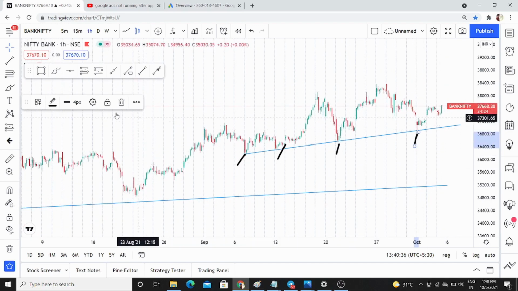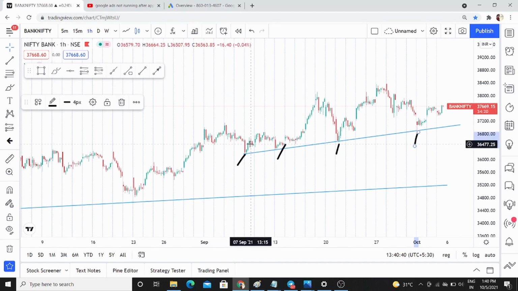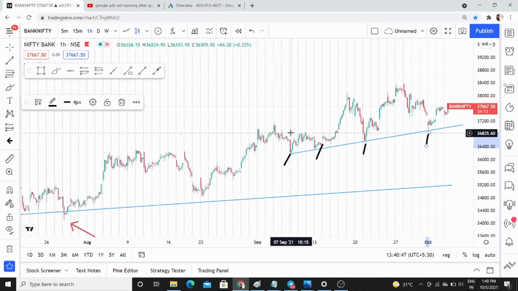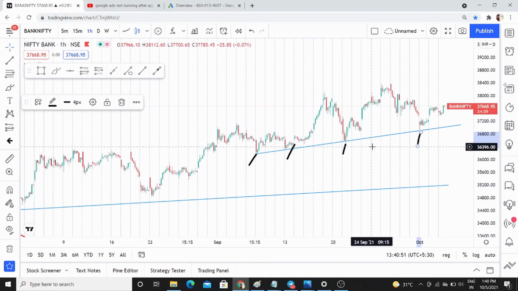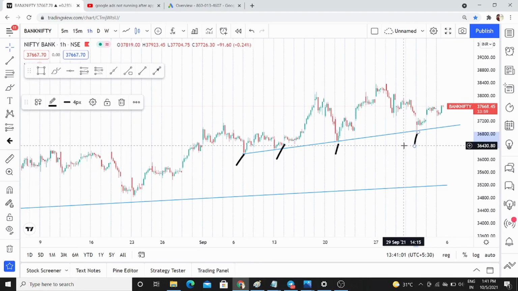So you need to find such structures and draw these trend lines carefully in order to be successful. It looks very easy on this chart because the chart has already formed, but you will need practice to find such structures and get better at trading.